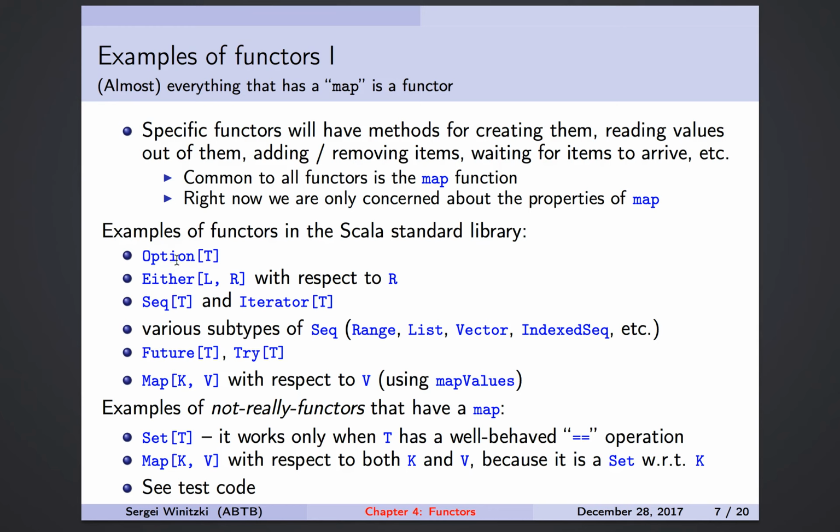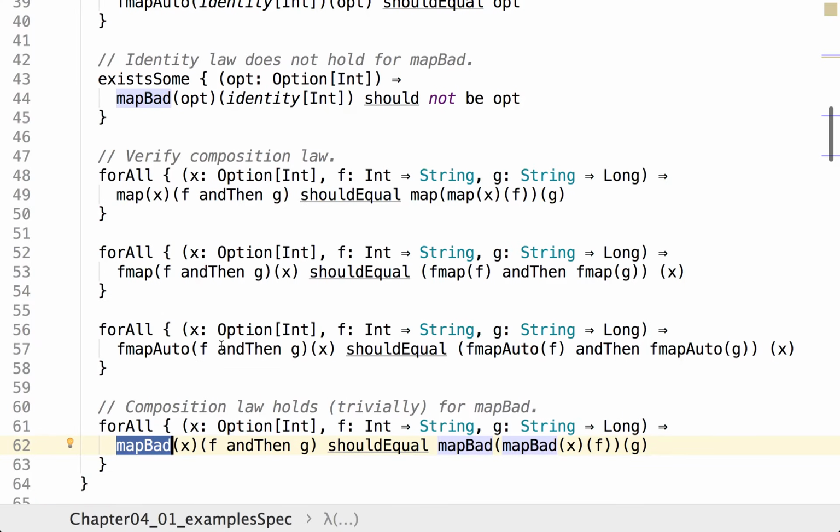So basically anything in the Scala standard library that has a map method is a functor, except for Set and Map, which are almost functors, except that for certain not well-behaved types, the laws will not hold. Let's see how that works.